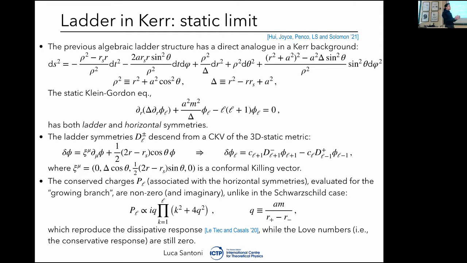The conservative response, which does not break time reversal, is always zero, both in Schwarzschild and Kerr, at zero frequency and finite frequency. If you consider a rotating black hole at zero frequency, or a Schwarzschild black hole with a non-zero frequency perturbation, you find a dissipative response, which is non-zero.